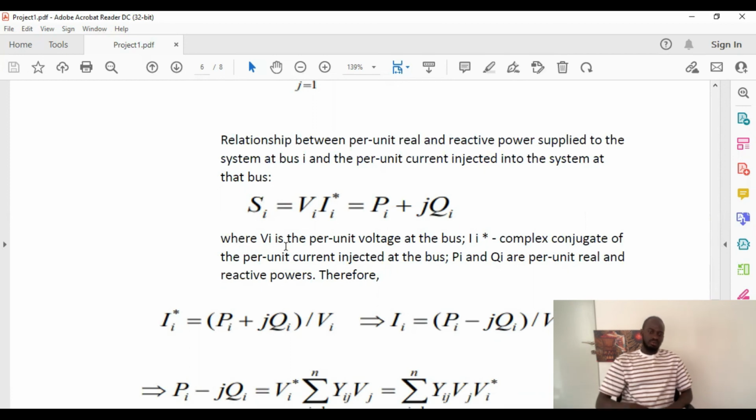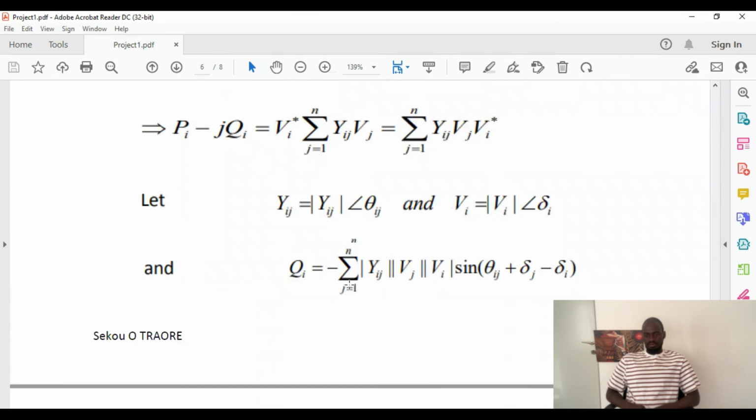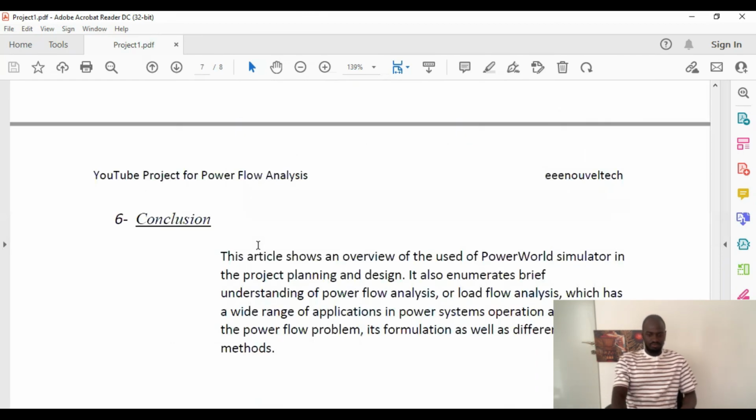As you can see here, Vi is the per unit voltage at the bus, Ii star is the complex conjugate of the per unit current injected at the bus, and Pi and Qi are the per unit real and reactive power. Therefore, you may see the formula according to the notation. So this is basically what I was supposed to explain to you.